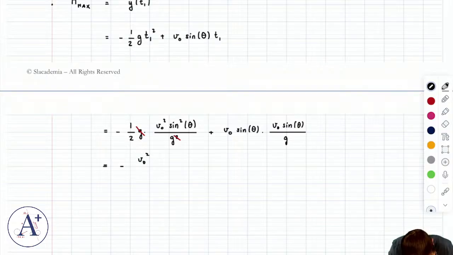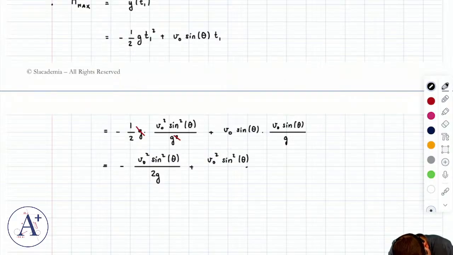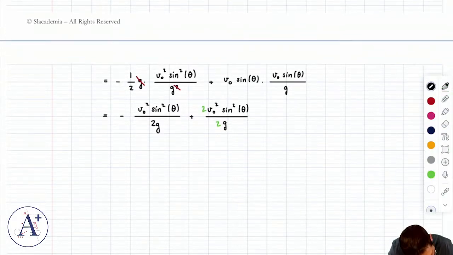We're going to get minus v naught squared sine squared of theta over 2g plus v naught squared sine squared of theta over g. Okay, common denominator is 2g, and so we find that h max is going to be equal to v0 squared sine squared of theta over 2g.